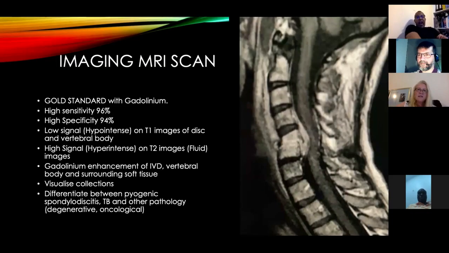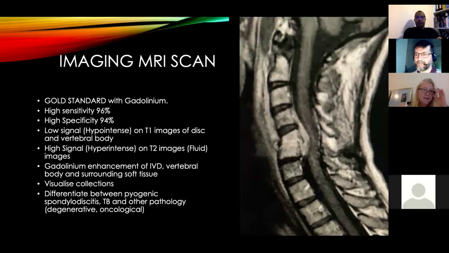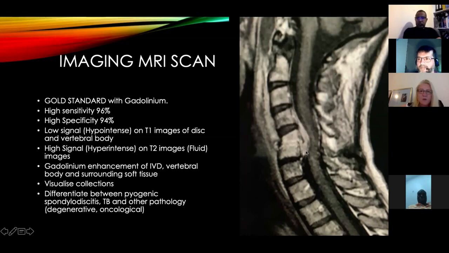So the gold standard is an MRI scan with gadolinium. It's got a high sensitivity and a high specificity. So on the T1 images, you'll see a low signal. And on the T2 images or the enhanced images, you'll see this, which is a high signal within the vertebral bodies. And on this particular one, you can see this area of high signal here, which represents an epidural abscess.